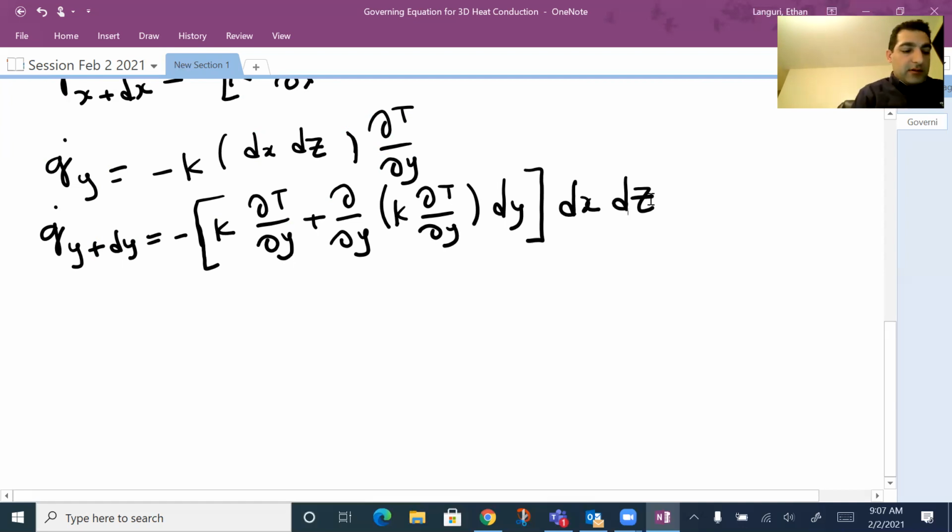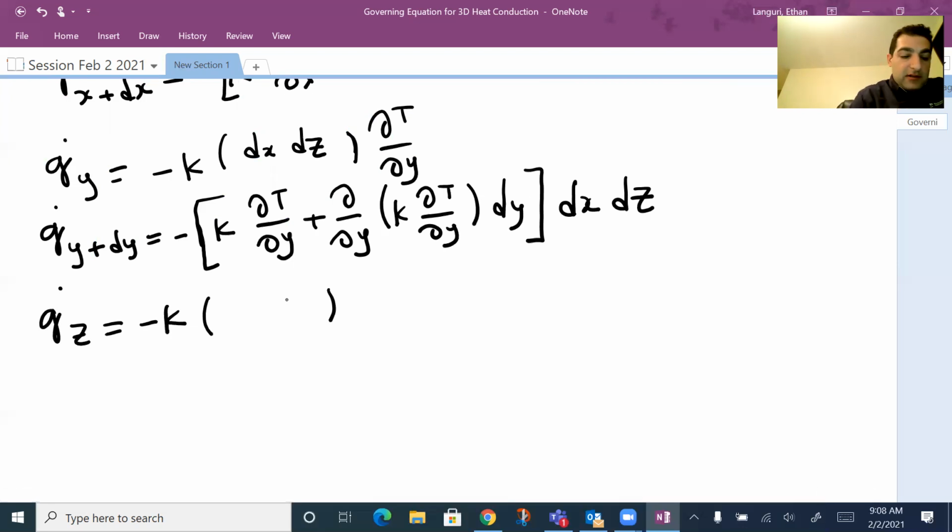I'm going to do the same thing for q dot z. Fourier's law, minus k. Now we know by experience that the surface area that q dot z crosses is dx dy, times del T over del z.